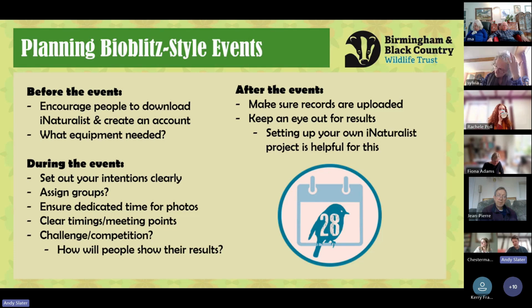So you can upload a site boundary, for example. We've just created a project where we've got our boundary for Moseley Bog Nature Reserve uploaded onto iNaturalist, and any observations within that boundary are then within that project. So you can see what's been recorded in Moseley Bog, how many records there are, what the most recorded species is, who's done the most recording.